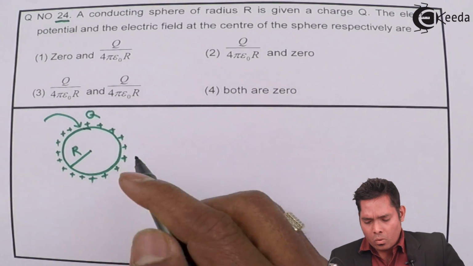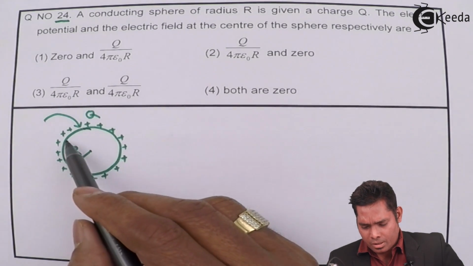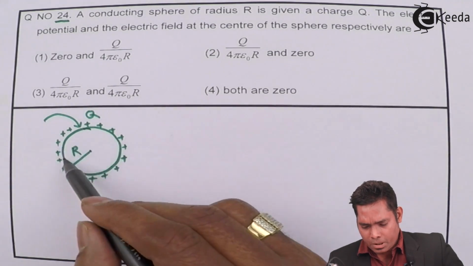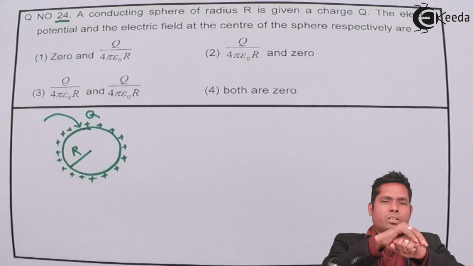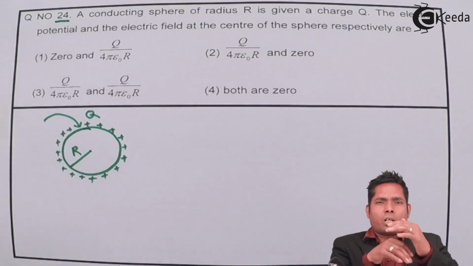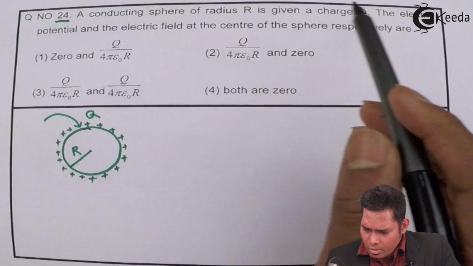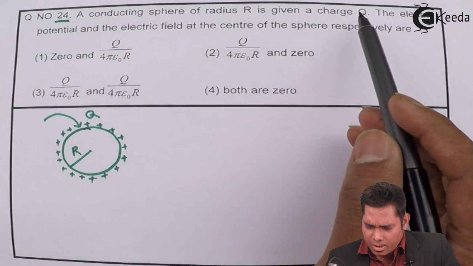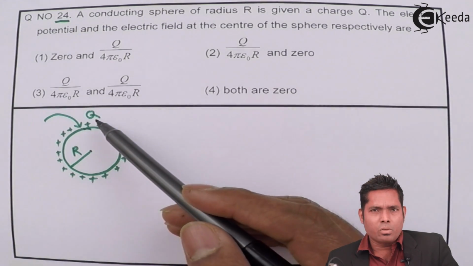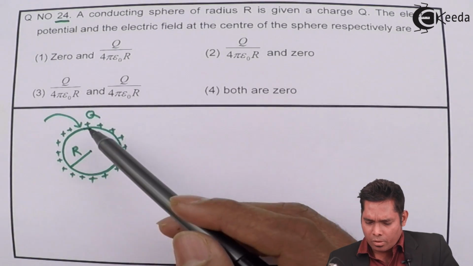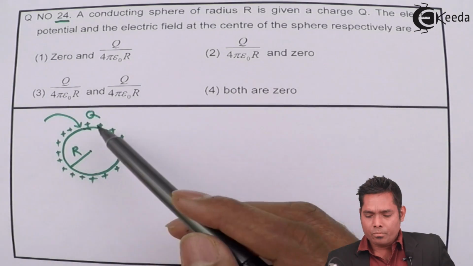So there is no charge present in the interior part of the sphere, only on the surface the charges will appear. That is clear. Because the charge is q, it's not given as plus q or minus q, I will take plus q, otherwise it doesn't affect the question.